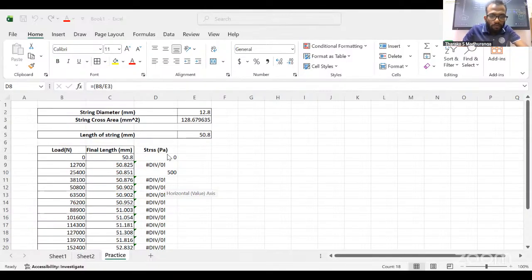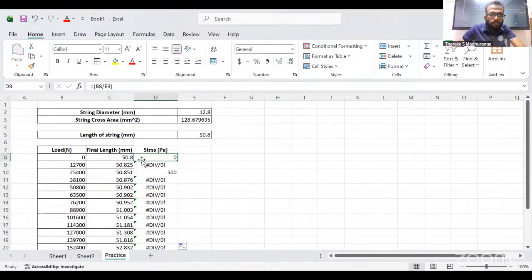If you go to the second row, B9 divided by E4. B9 is correct, this one. But is there any value in E4? No, there is no value in E4.